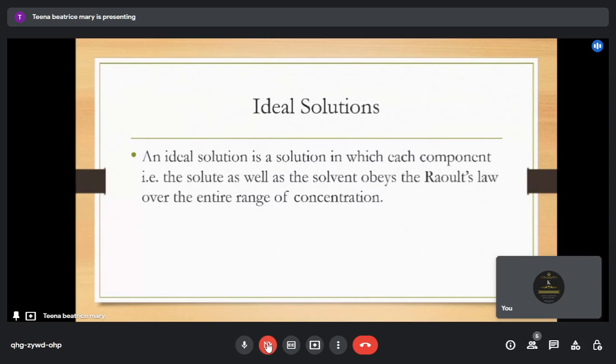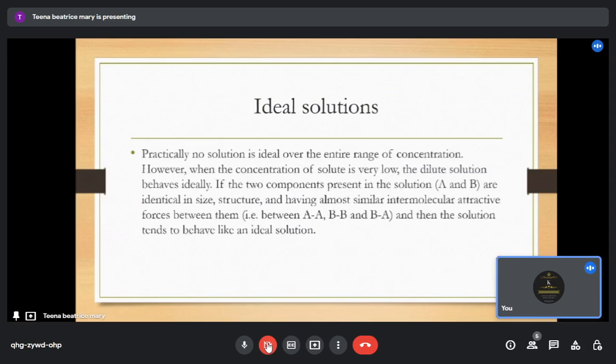Taking the ideal solution, each component, solute as well as solvent, obeys Raoult's law over the entire range of concentration. But it is not applicable practically throughout the entire range of concentration.